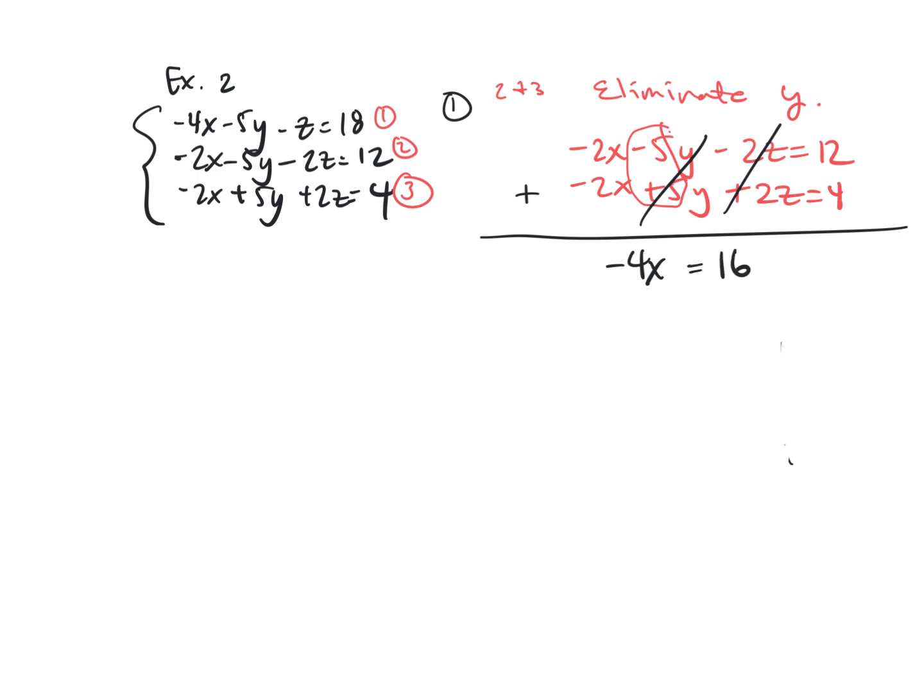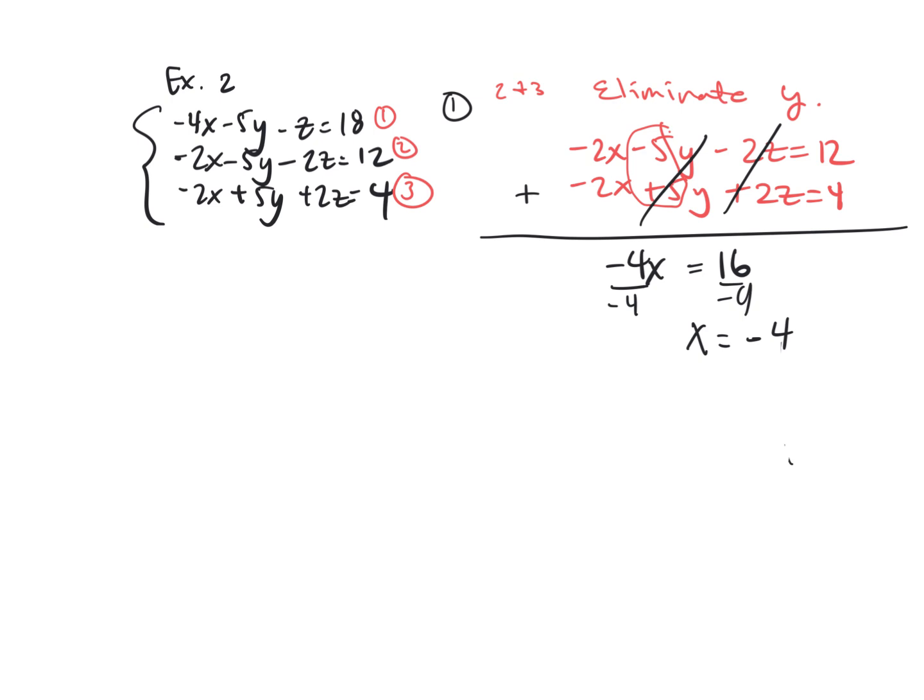It's okay that the other variable dropped out. It doesn't matter if it does or not. Nothing says you can't. Just still solve. So we're going to still do the same process. So I'm going to divide by negative 4, and I get x equals negative 4.